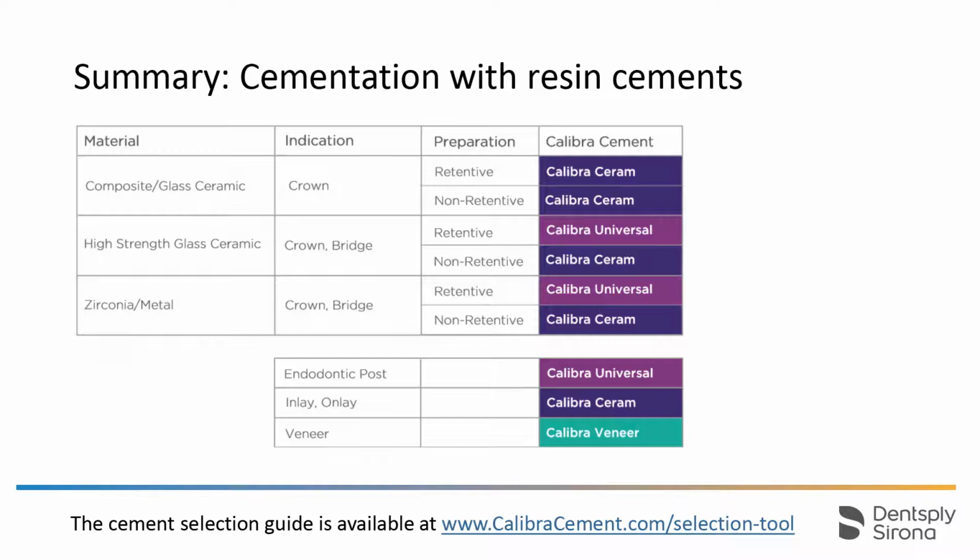In the case of retentive preparations, Calibra Universal can be used. Calibra Universal is recommended for cementing posts. Inlays and onlays should always be cemented with Prime and Bond Active and Calibra Ceram. Veneers are always used with pure light curing with Prime and Bond and Calibra Veneer.